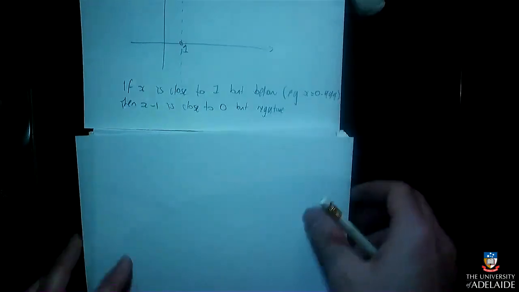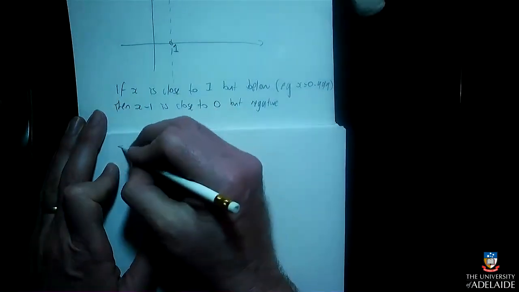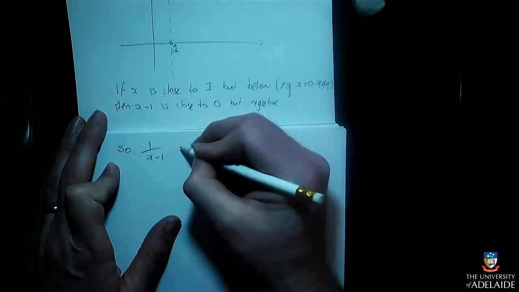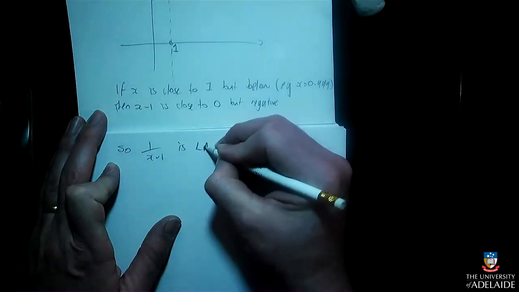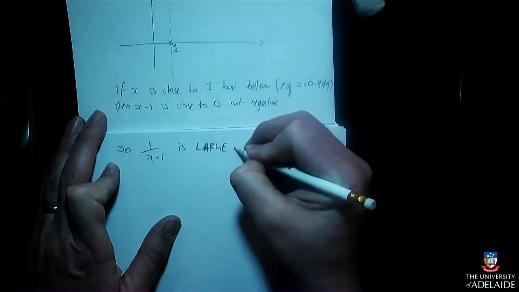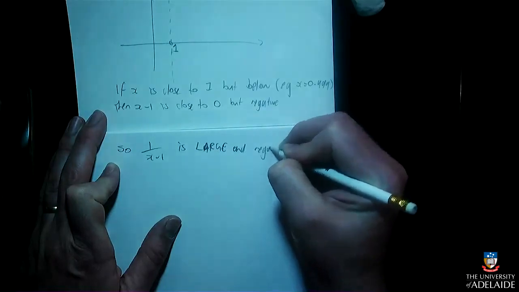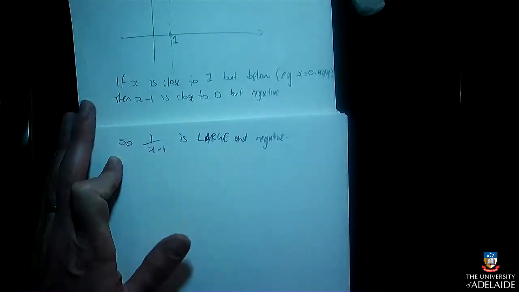And so it's going to go over to the next page. And so 1 over x minus 1 is large and negative. Okay?